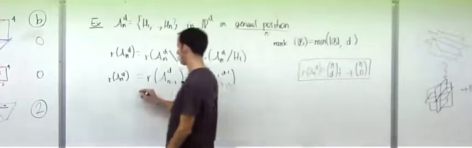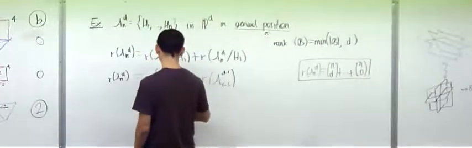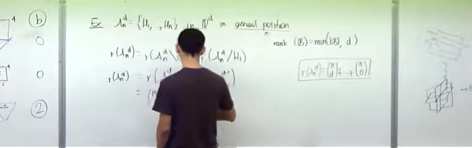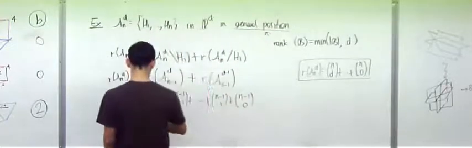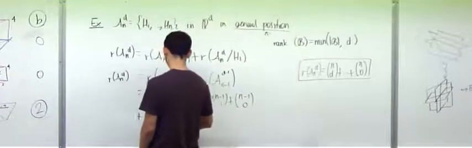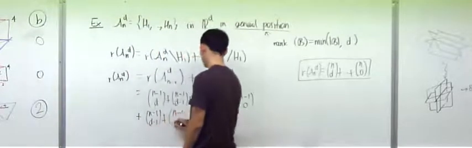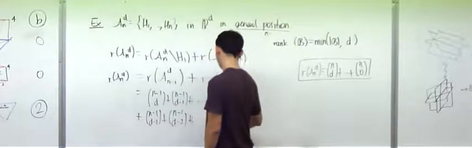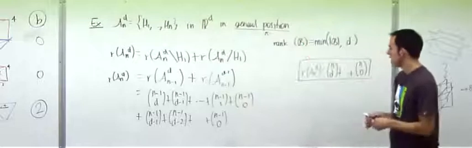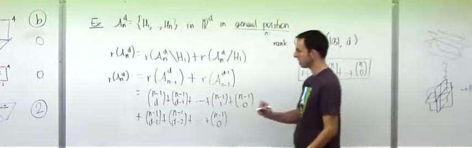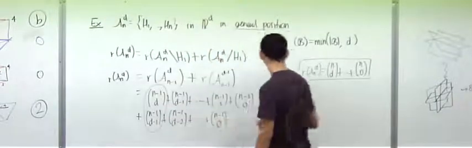So this first thing is n minus 1 choose d plus n minus 1 choose d minus 1 plus dot dot dot plus n minus 1 choose 1 plus n minus 1 choose 0. This one, I get n minus 1 choose d minus 1, n minus 1 choose d minus 2, up to n minus 1 choose 0. And then Pascal's triangle precisely tells you that, or whatever you prefer to call it, this plus this is equal to this.